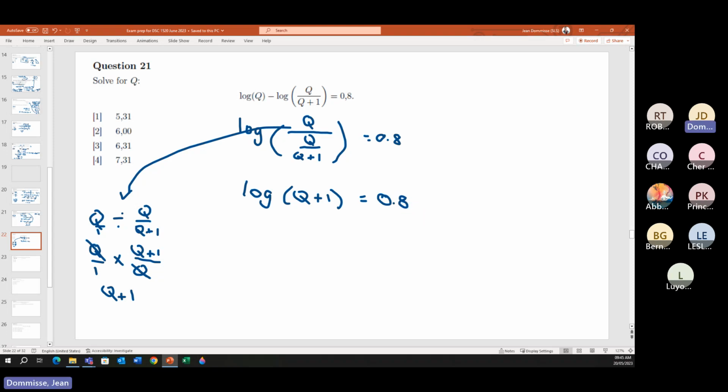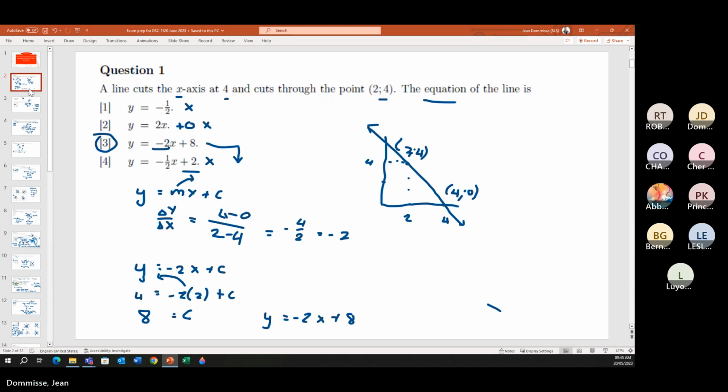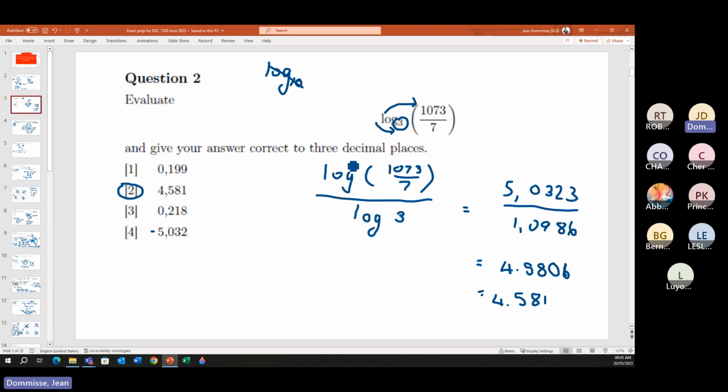Okay, so now the other catch is when we work with logs, there was another one.